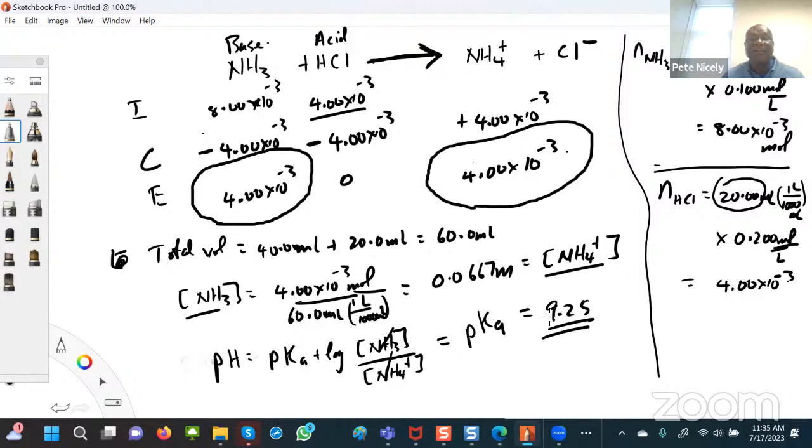And that's basically how we do that. And this kind of buffer, we call an ideal buffer, right? An ideal buffer is where the concentrations of the base and the acid are equal to each other. So therefore the pH becomes equal to the pKa, all right? So that's basically how that is done.